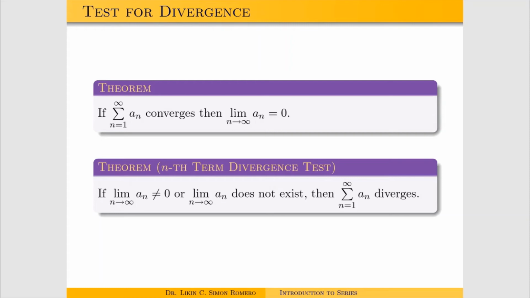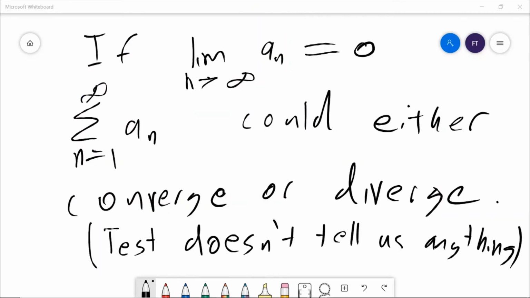It's important to note here that if the sequence approaches 0, we don't actually know if the series converges or diverges. The statement of the divergence test only tells us that when the series converges, then the limit is 0.